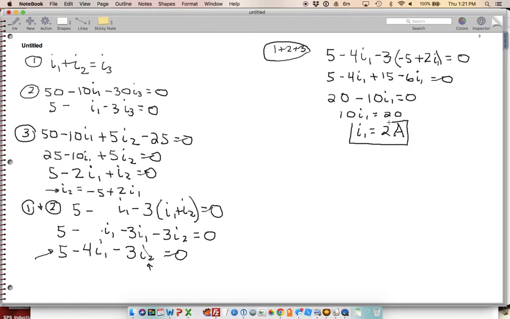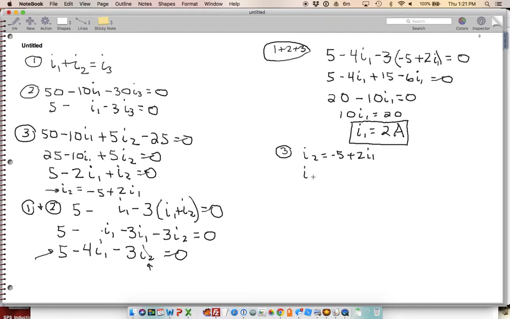There's our first answer. And now I can go back and look at number 3 here. So let's go look at 3. 3 tells me that I2 is equal to minus 5 plus 2I1. So I can plug in for that.